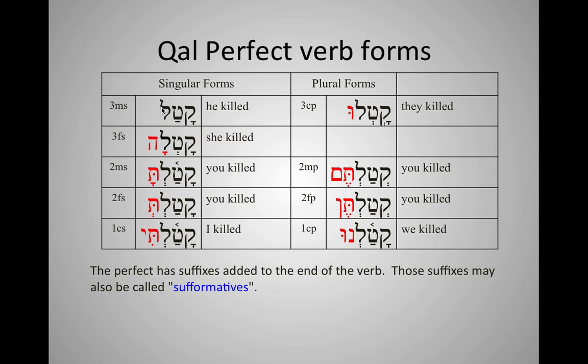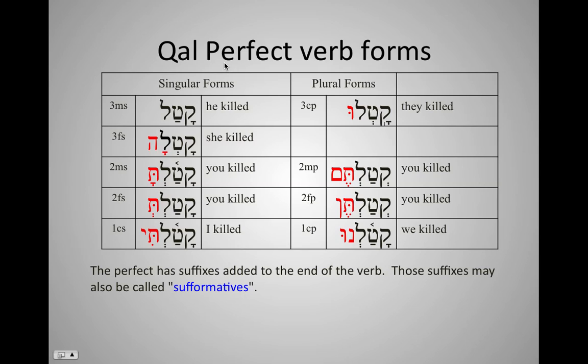Well, it's kind of the same in masculine singular verbs. There's no special ending there. Now, the third person masculine singular subject is actually he. There's a pronoun that fits with that third masculine singular placeholder there. It's telling us that there's a pronoun subject that we plug into the verb. So we would plug in the pronoun: he killed. Again, past tense because perfect verbs tell us the action's completed, and we translate them past tense.